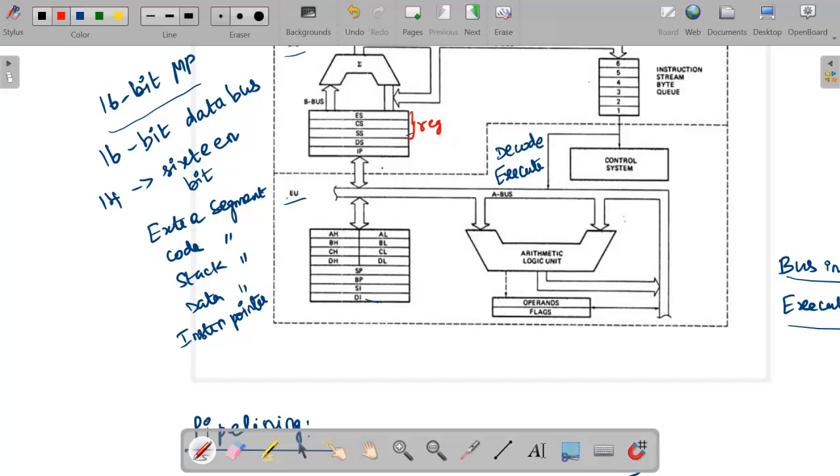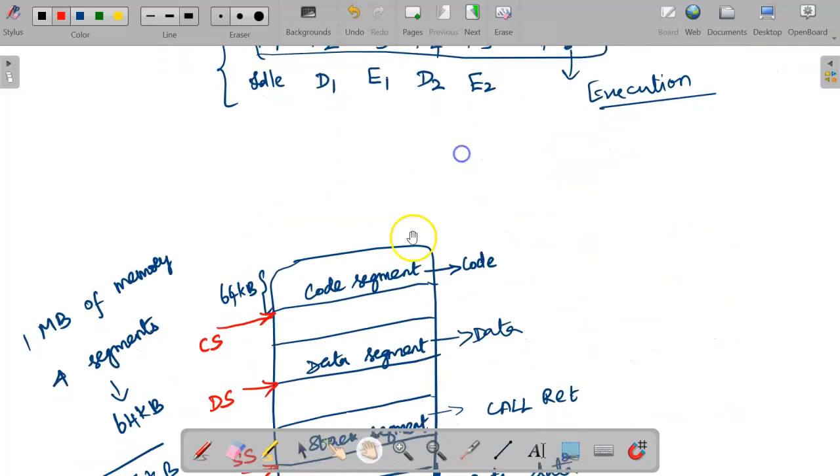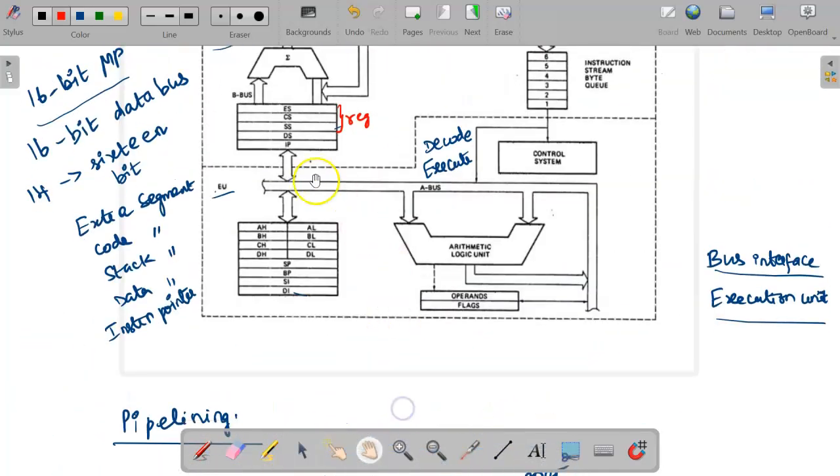These registers point to the base of a particular segment. The code segment is pointed to by the code segment register, the data segment by the data segment register, the stack segment by the stack segment register, and the extra segment by the extra segment register, right?